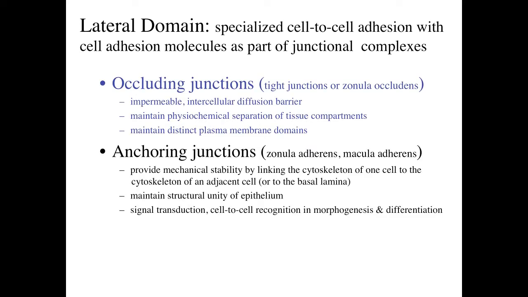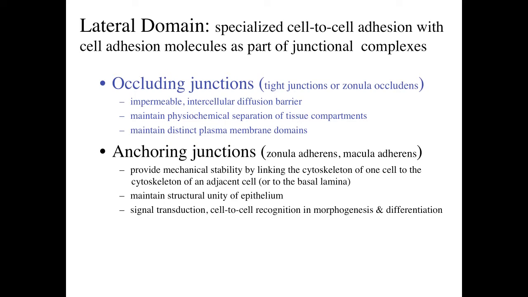We'll next talk about anchoring junctions, either zonula adherens or macula adherens. These junctions provide mechanical stability between cells by linking the cytoskeleton of one cell to the cytoskeleton of another cell, or, as we'll see in a specialized case, linking the cytoskeleton of cells to the basal lamina.